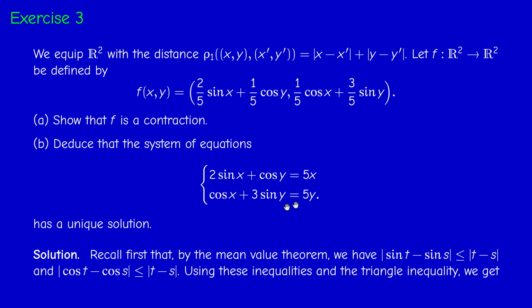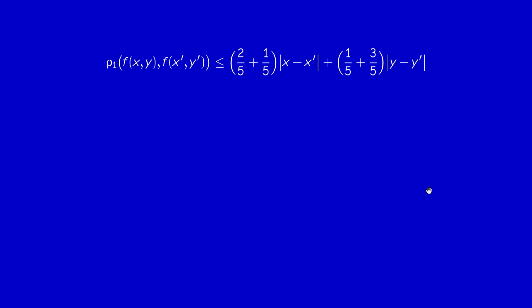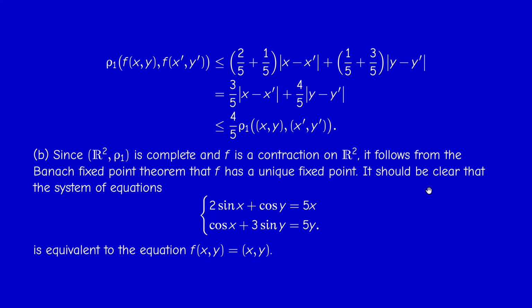If we divide by 5, the system would be equivalent to saying that f(x, y) equals (x, y). So (x, y) is a fixed point. This nonlinear system is equivalent to saying that (x, y) is a fixed point of f. Since f has a unique fixed point, the system has a unique solution. And that's it. So this concludes exercise 3.